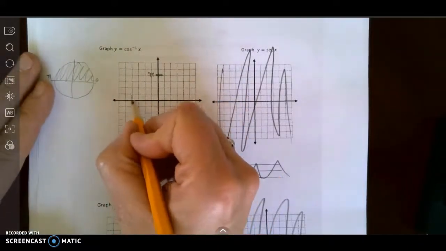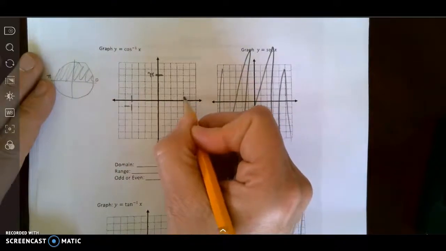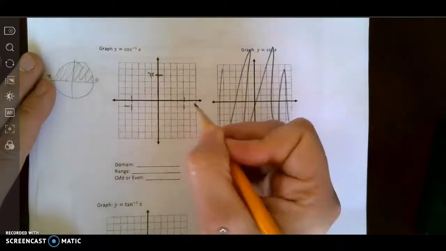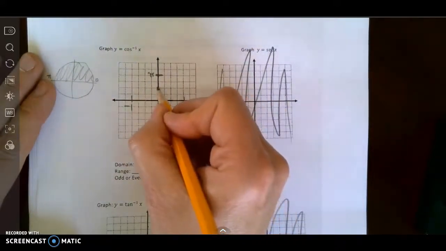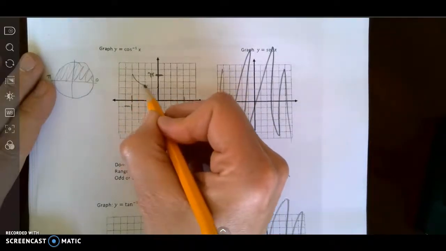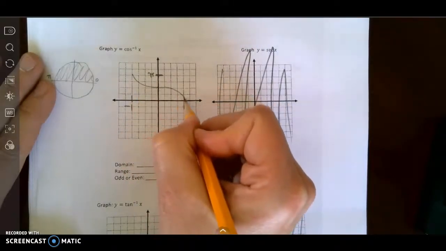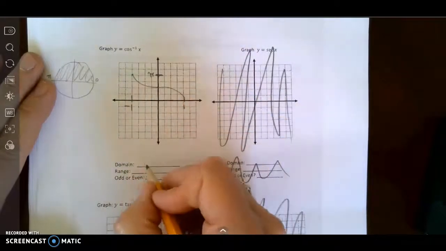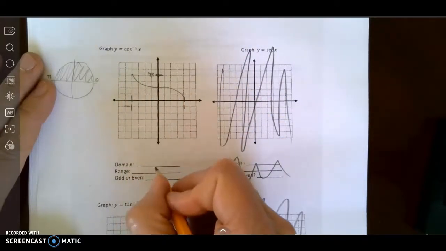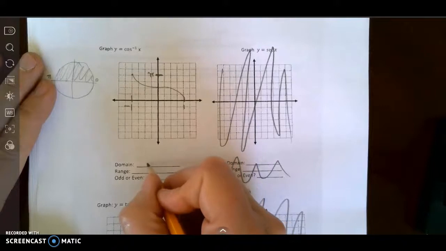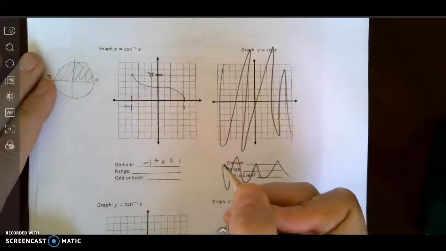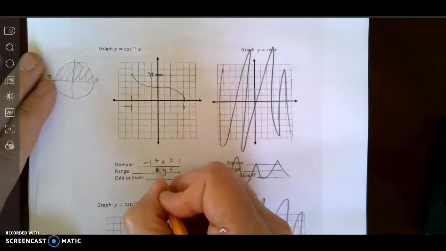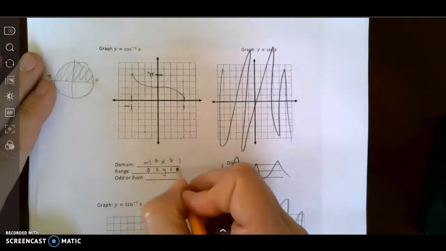That's going to be my x-axis. Remember, x and y switched. And so I get down like that. My domain for my inverse cosine is negative 1 to 1. My range is 0 to pi.